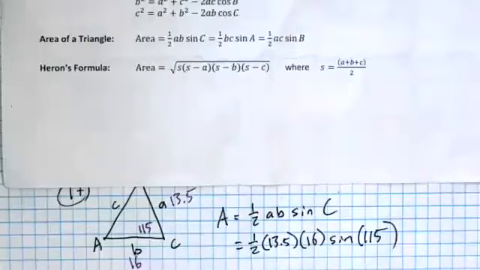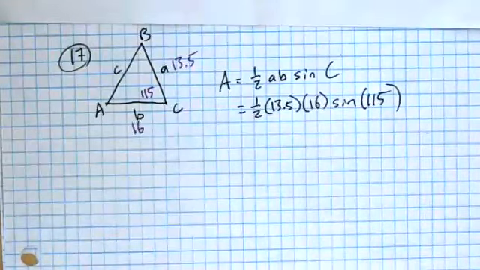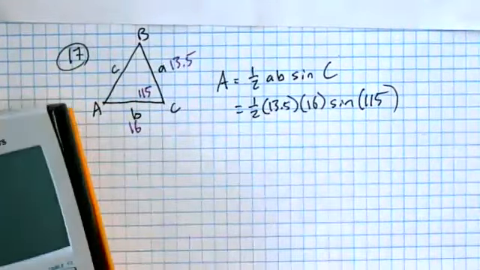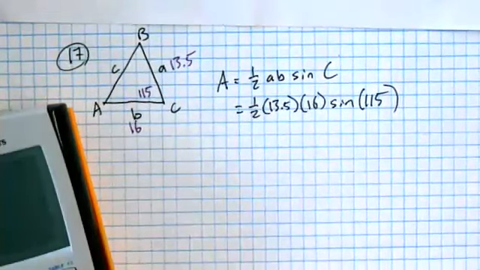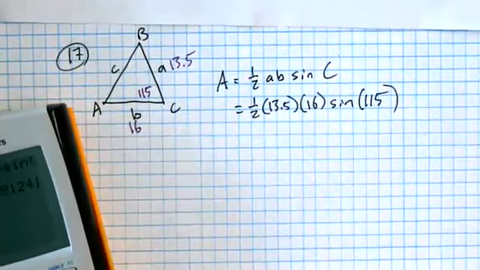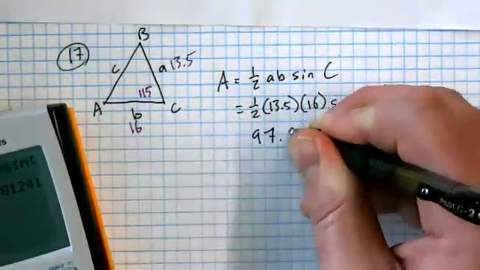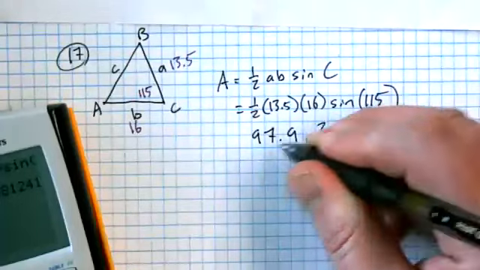That's plug and chug. If we're rounding to the nearest tenth, I'm coming up with 97.9. They didn't give us units, so units squared.